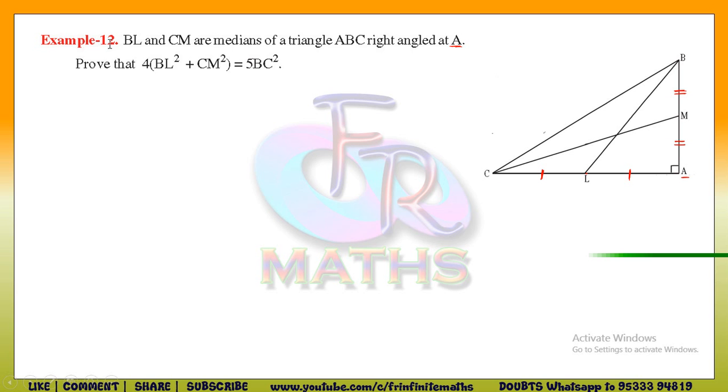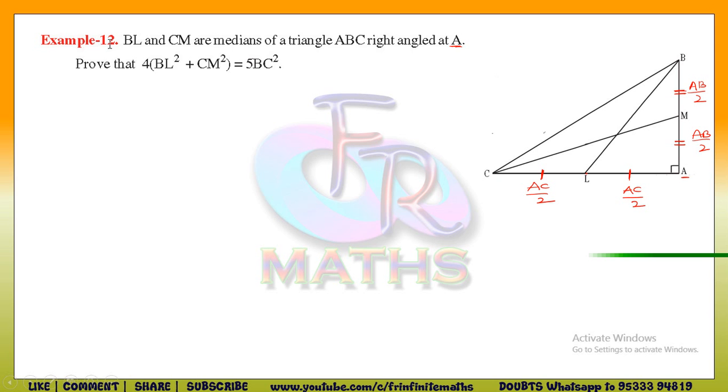So in terms of AC, I can represent this part as AC by 2 and this part also as AC by 2. The same way here, AM and MB I can represent as AB by 2 and AB by 2, because this total length is AB, they will become half of them, right?